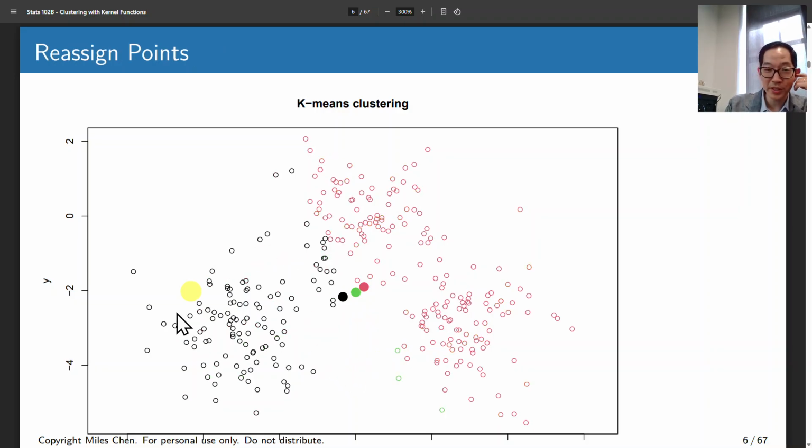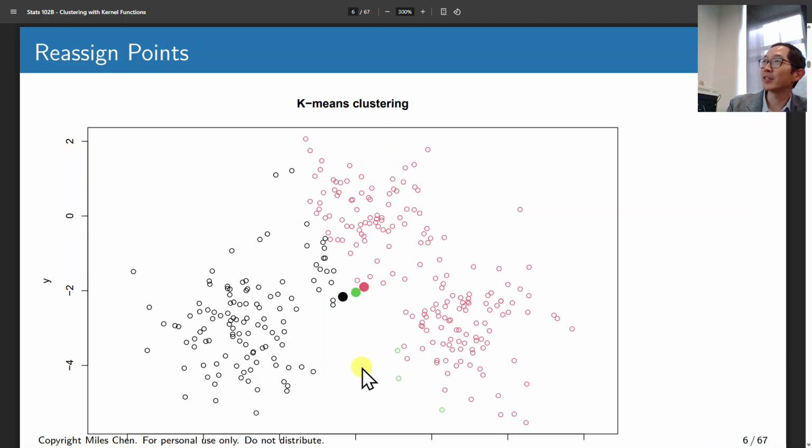All of these points are closest to black, and all of these points are closest to red, and it's only just a few points where the nearest centroid is green. But that's okay. At least we have a few points assigned to green, so it doesn't just disappear.